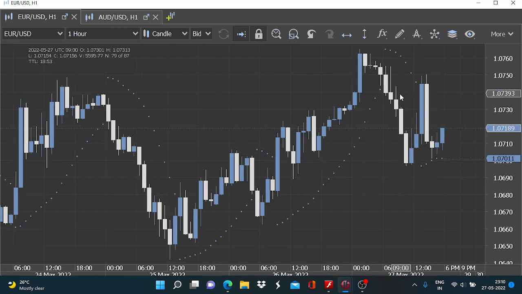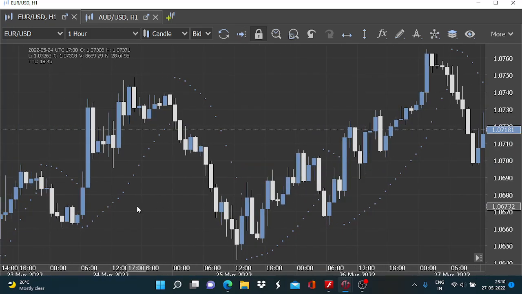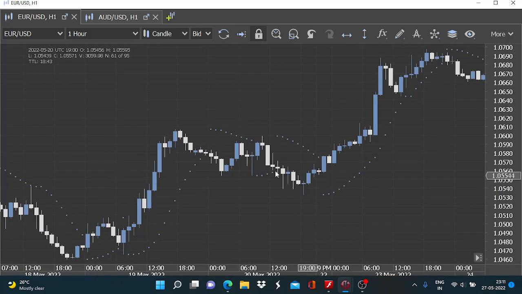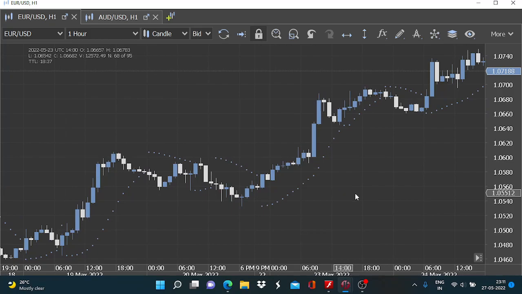As you can notice, when the underlying instrument is trending, we see continuous momentum providing good trading opportunities. But when the underlying instrument is sideways, there are many false signals generated by the SAR indicator.